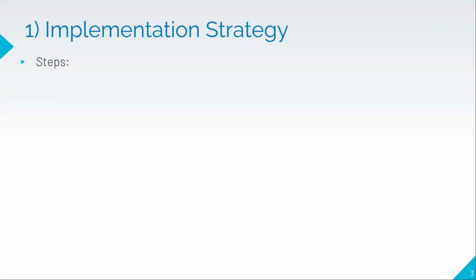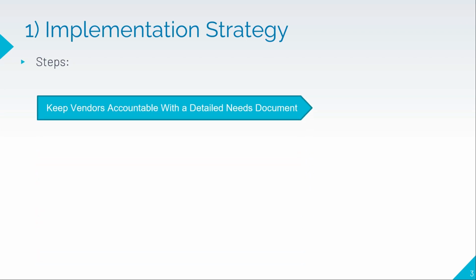So what are the implementation strategy tips? The first one is keep vendors accountable with a detailed needs document. The vendor is the perspective from the sponsor actually. The sponsor wants to have a product.